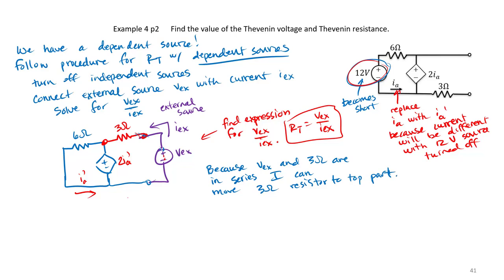I'm going to do that because that helps me with node analysis, and then I can let my ground node be at the bottom of VEX. So let's go ahead and do our node analysis to find our node here.